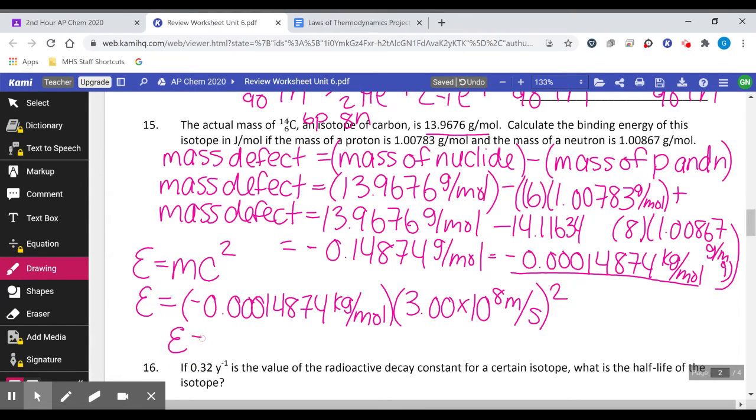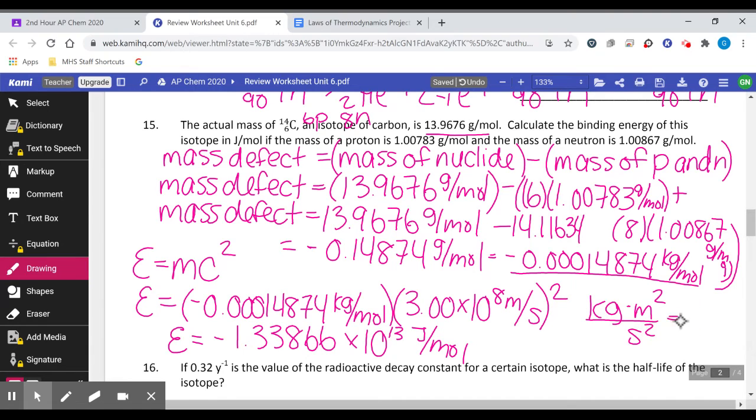I get an overall energy equal to negative 1.3386 times 10 to the 13th joules per mole. That's why we needed our mass defect in kilograms per mole, because we end up with kilogram times meter squared over second squared, which we know equals a joule, and we still have our mole on the bottom.